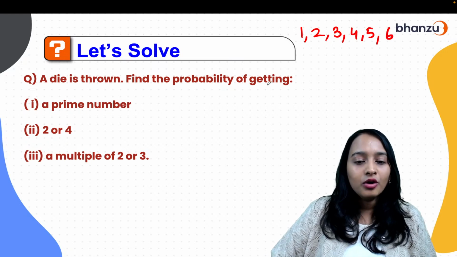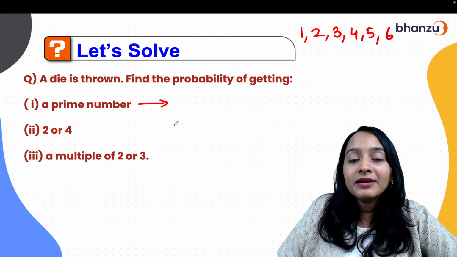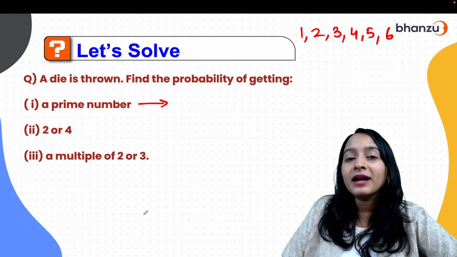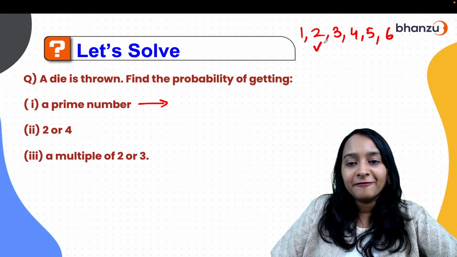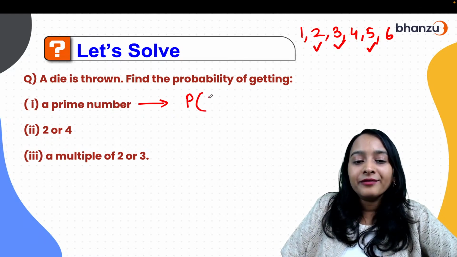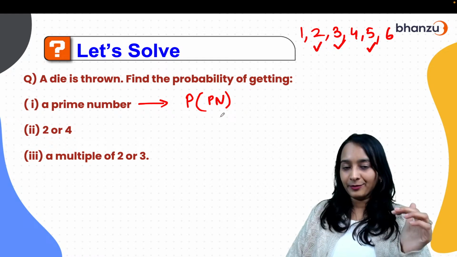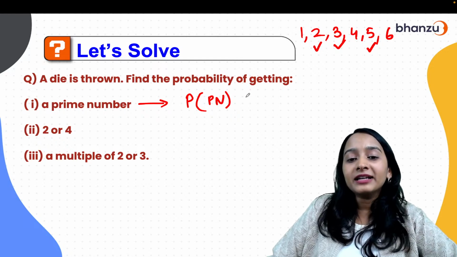Right? Now, what is the probability of getting a prime number? How many prime numbers are there here? We have 2, 3 and 5. So, what is the probability of getting a prime number? P of prime number.